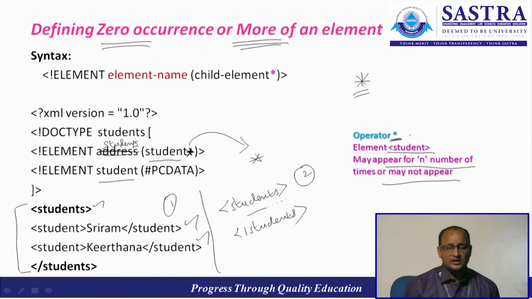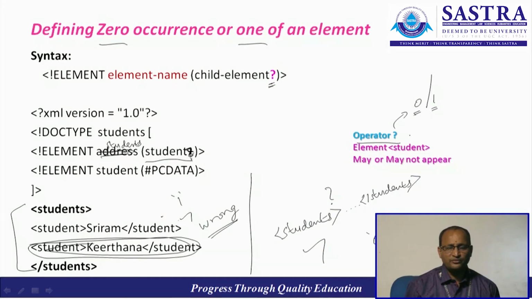And you can use all these operators according to the need of the XML child element. We can use these operators only for the child elements and for the elements.